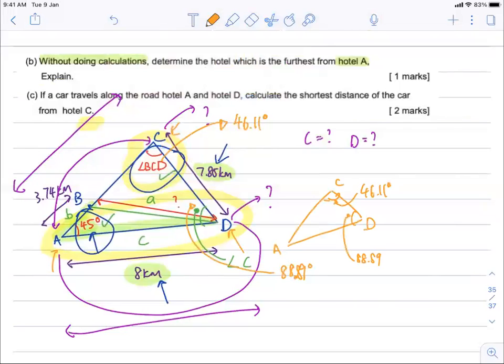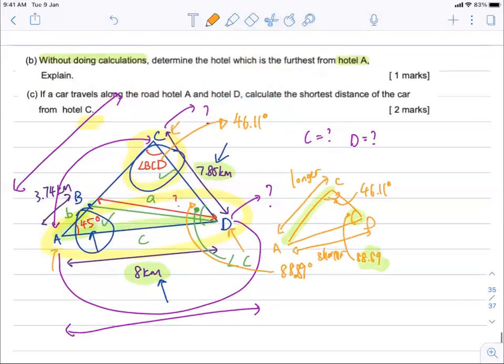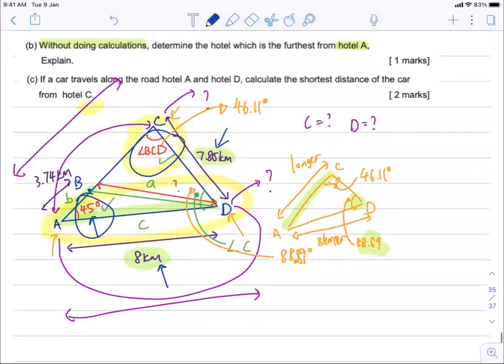From this, you're able to tell that this one is longer than this one. This one is shorter. Why? Because the angle is greater. The angle here faces this side, and this angle is greater than the angle of this one. So the side that's facing the angle that's larger. When the side is longer, right, the angle that it is facing will also be larger.